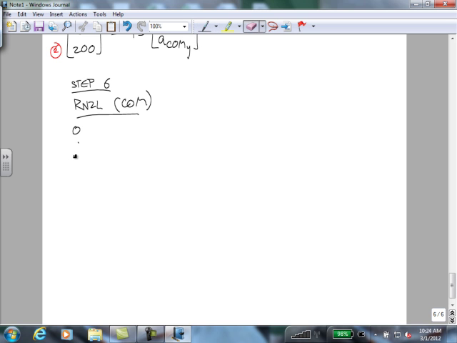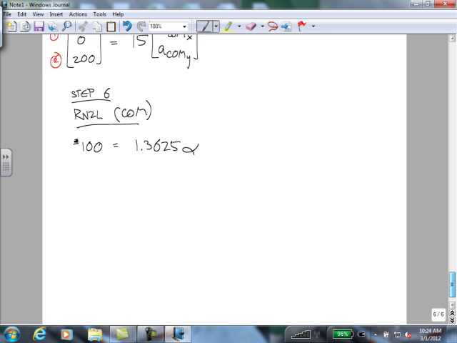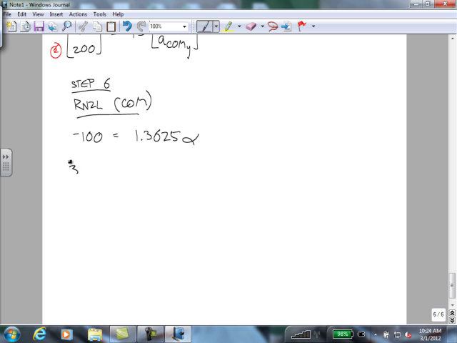So negative 100 is equal to 1.3625 alpha. This is a third equation. So here we have 3 equations, 3 variables, so we can solve right now. We don't need any constraint equations.